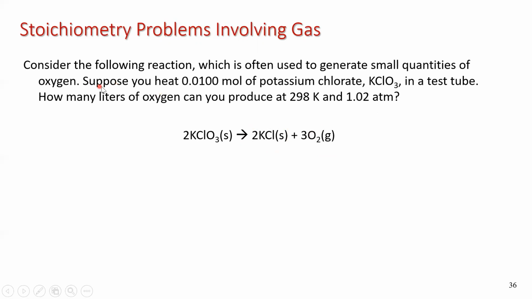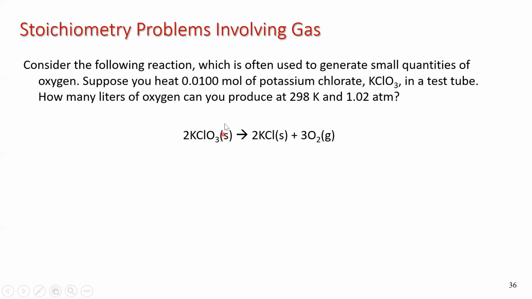So we're going to suppose that we're going to heat up 0.0100 moles of potassium chlorate in a test tube. And we want to find out how many liters of oxygen gas can you produce at 298 Kelvin and 1.02 atm. Okay, well, let's look at the balanced equation for a minute.